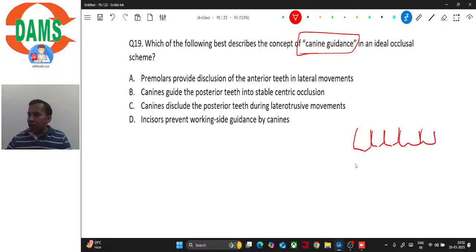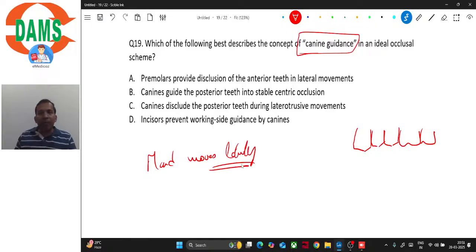When the mandible moves laterally, some of the teeth will make the occlusal contacts while others will disocclude. If only the canines occlude and all the posteriors are disoccluded, then it is known as canine guidance, isn't it? So premolars provide disocclusion of the anterior teeth in the lateral movement.